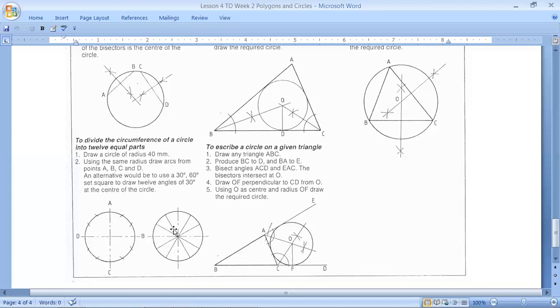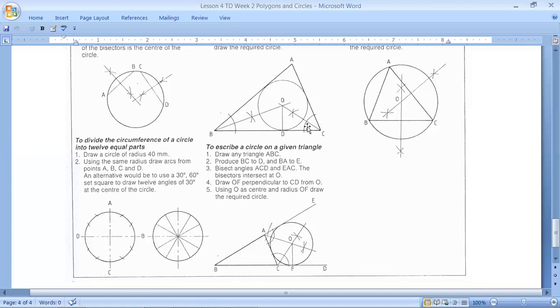To inscribe a circle inside a triangle, you draw a triangle according to the given information, depending on the base side and the size of the angle. When you get a triangle, you need to bisect 2 angles, 1 and 2.